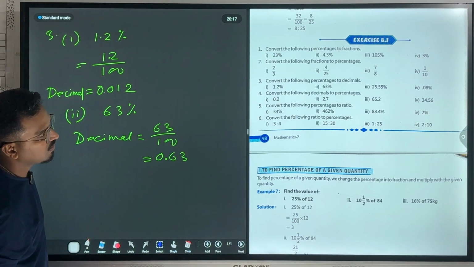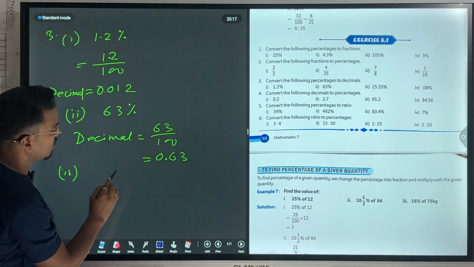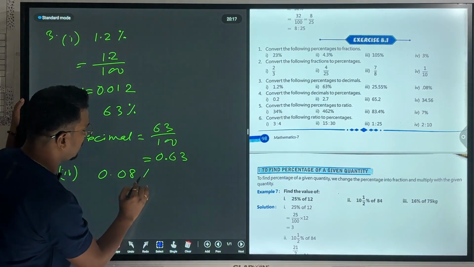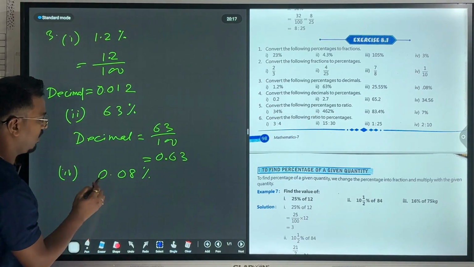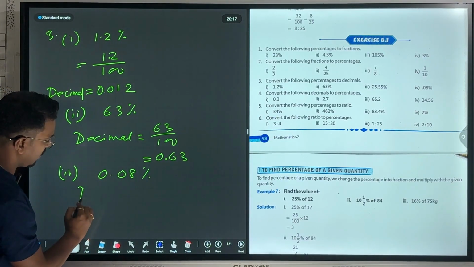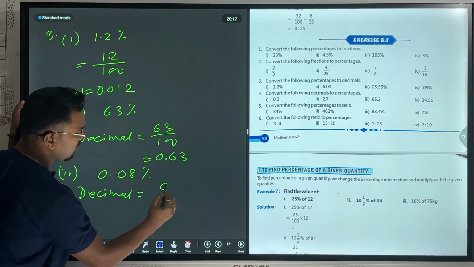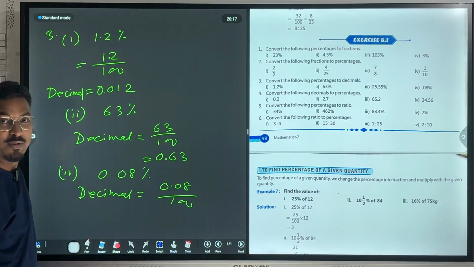Next, okay, let me do Roman number 4. Roman number 4 is given 0.08%. Okay, I am writing in this form. If you want to convert into decimal, so what we have to do? Percentage means divide by 100.